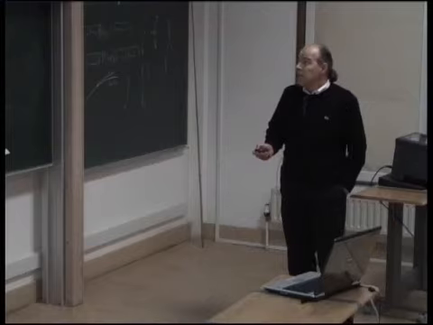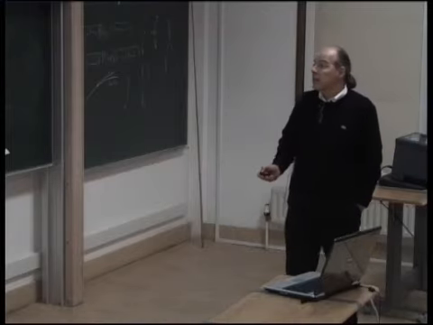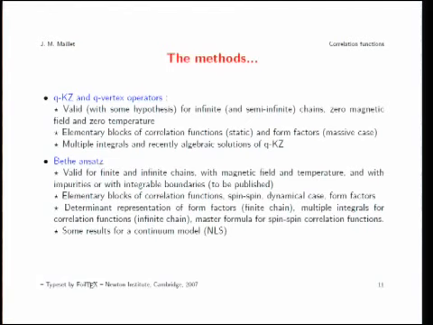Okay, so two main lines are still on the way. One line is related to q-vertex operators, q-deformed Knizhnik-Zamolodchikov equations, and making use of the quantum affine symmetry of the infinite spin chain.